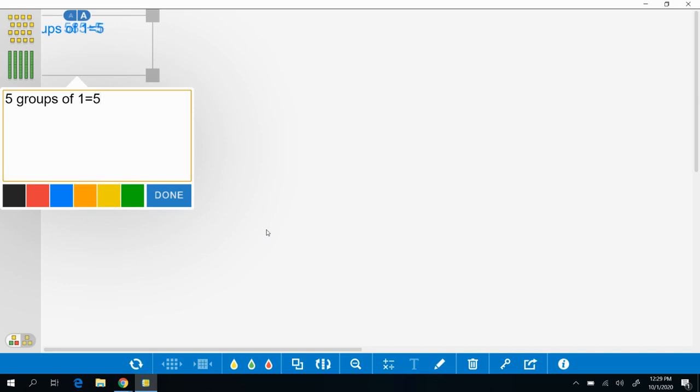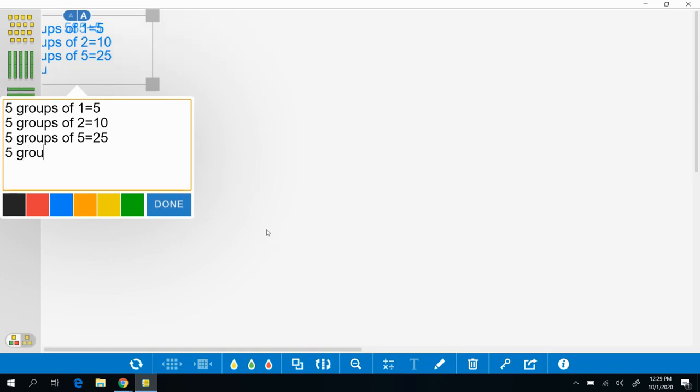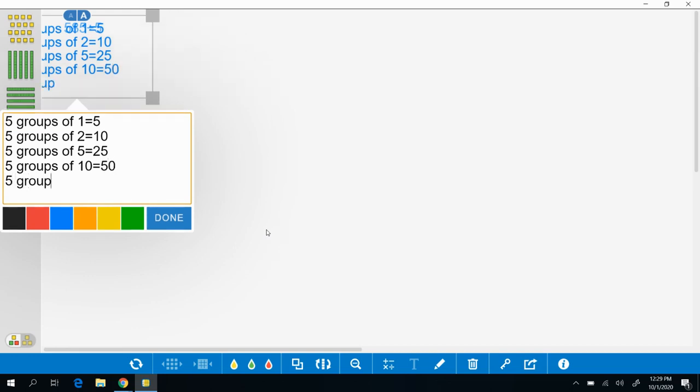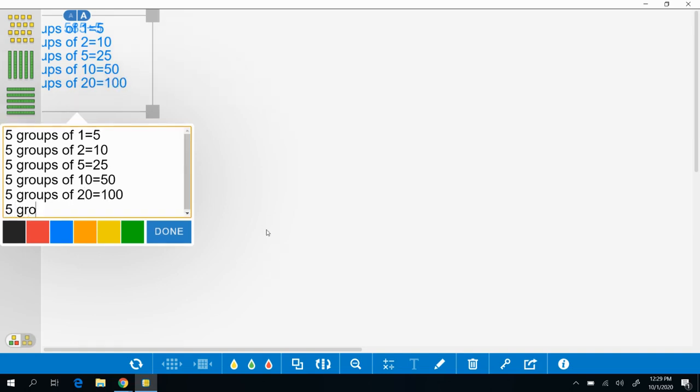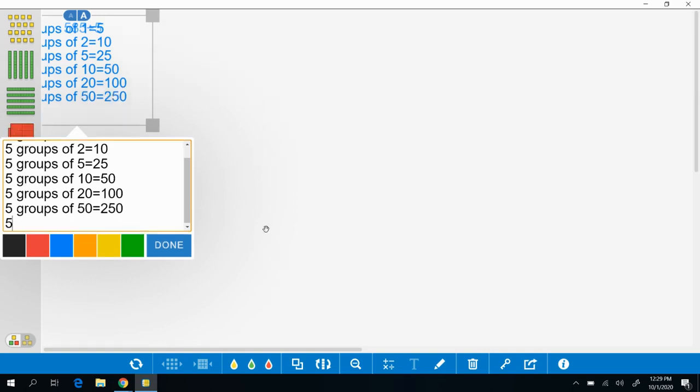5 groups of 1 is 5. 5 groups of 2 is 10. 5 groups of 5 is 25. 5 groups of 10 is 50. 5 groups of 20, 100. 5 groups of 50 is 250.